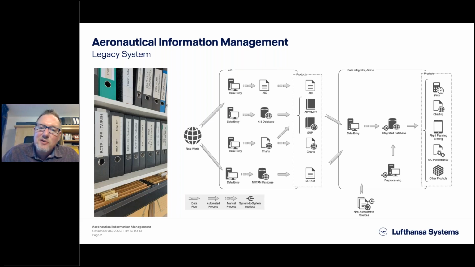The products that we used to get from AIS are the AIC, the AIP and its amendments, the AIP supplements for short-term temporary data, long-term temporary data, and the charts and AIP documents in combination. Is that what we refer to as a printed AIP?